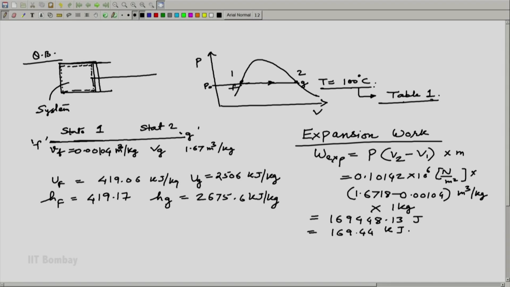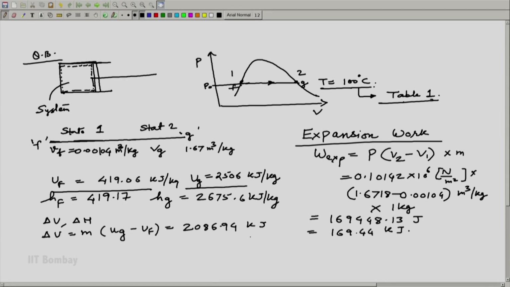We have got different properties. This was one of the questions that was asked. The other question is, what are delta U and delta H? Delta U is nothing but the change in thermal energy, which we have just calculated. We have seen that m into (ug minus uf), if I put these values of ug and uf here, I will get around 2086.94 kilojoule, which is nothing but ufg, because this is per kg.